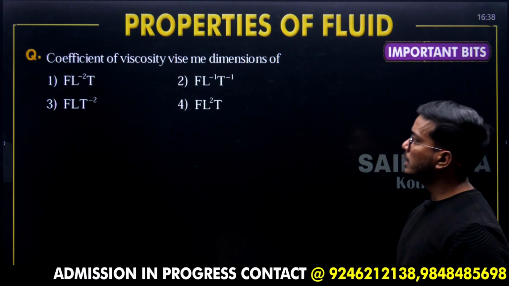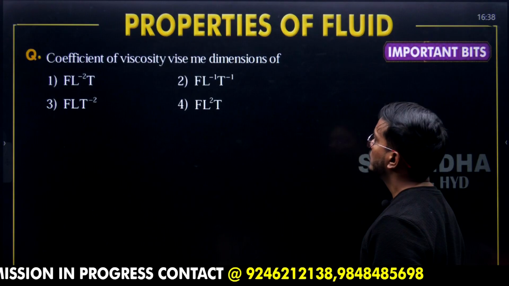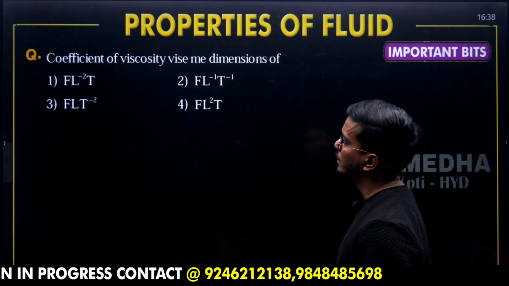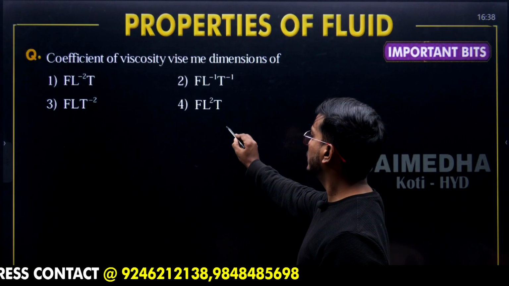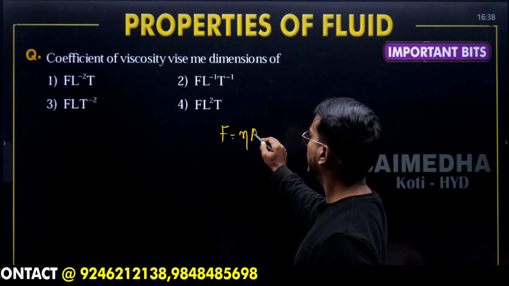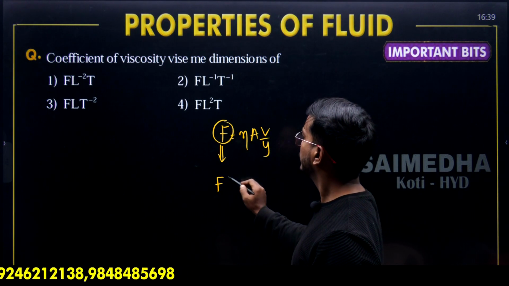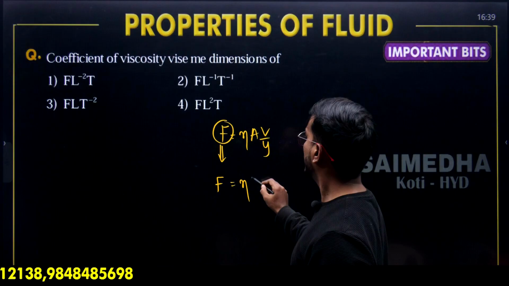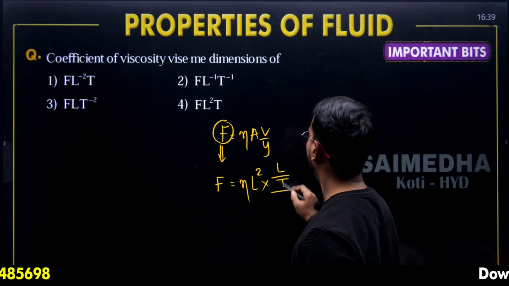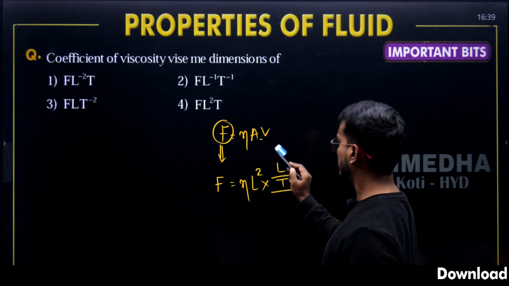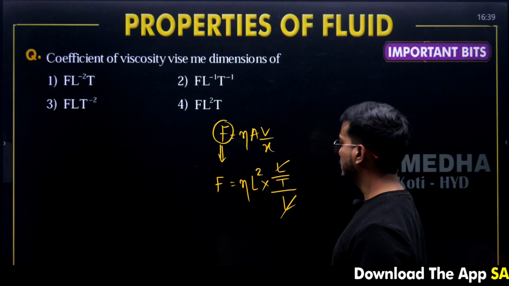Coefficient of viscosity, dimension wise, dimensions of dash. Dimensional formula is asking. Dimensional formula is very simple. We know the formula: F is equals to eta into A into V divided by Y, where force is F, eta into area, area is L square, velocity is L by T, divided by some X or Y, distance it is, that is L. So L L gets cancelled.